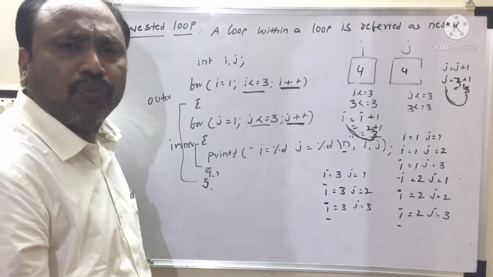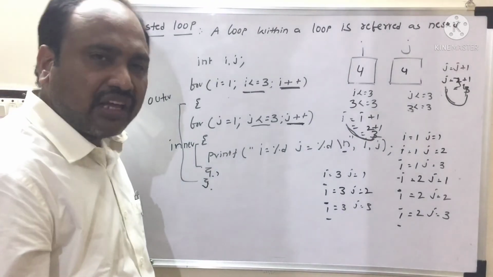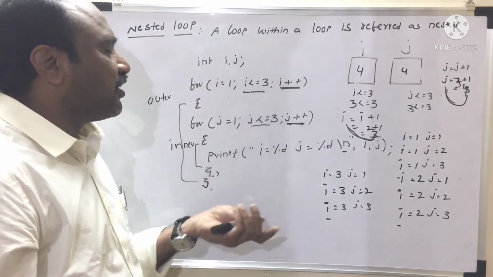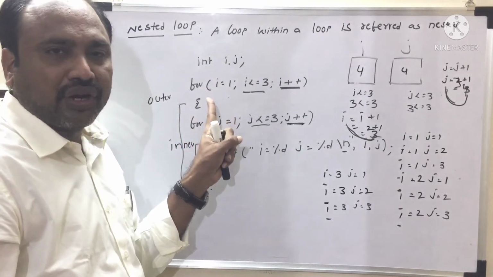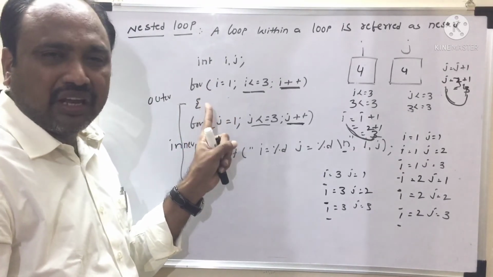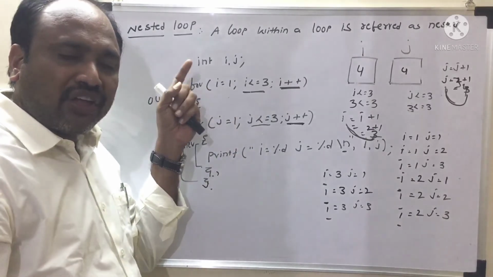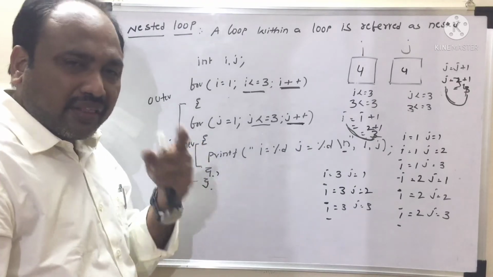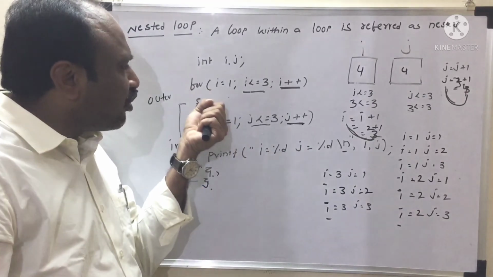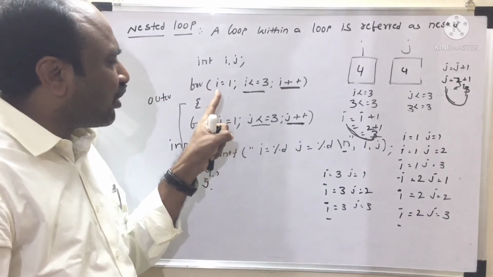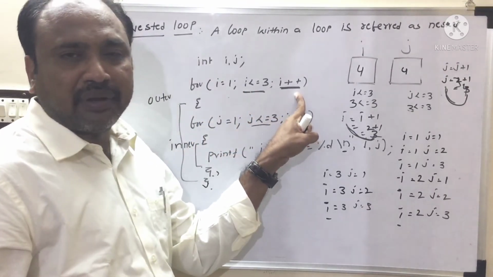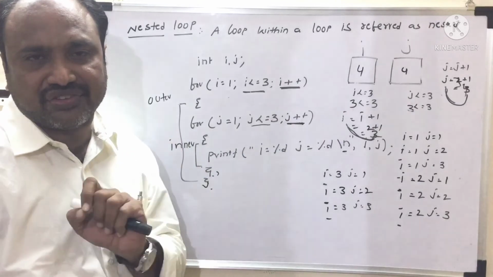nested for loop. The same way you can write nested while also, but it depends on the flexibility of the programmer. If you are going to use while, increment at one place, decrement, initialization at one place, condition at one place. The main purpose of introducing for loop is that initialization, condition, increment, decrement are at the same place.